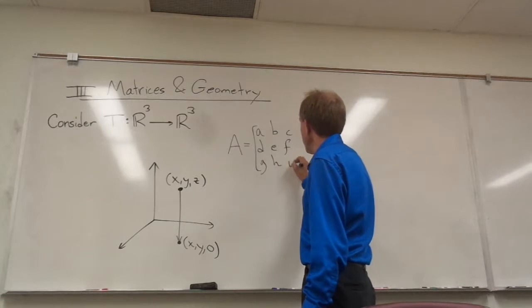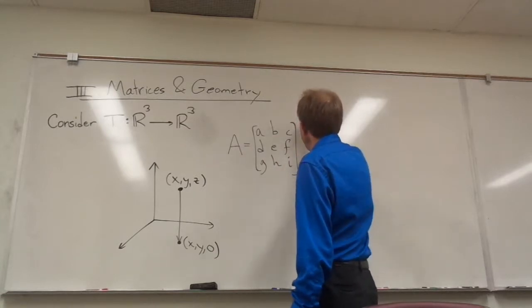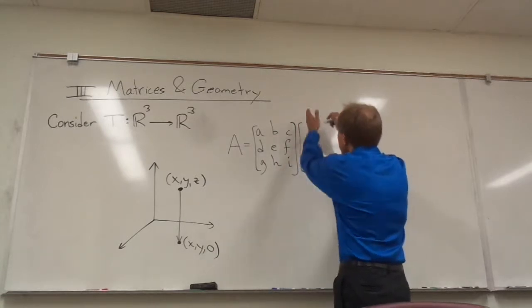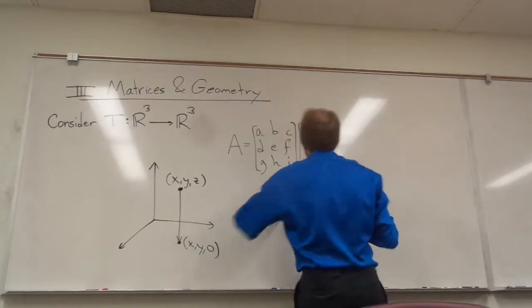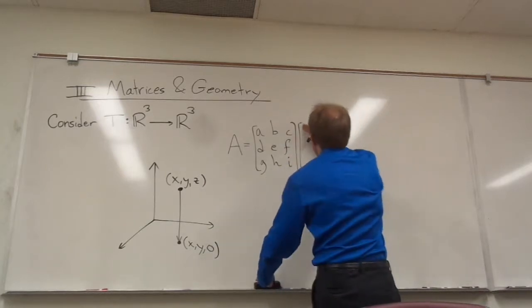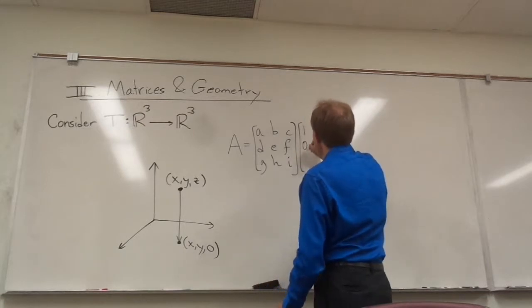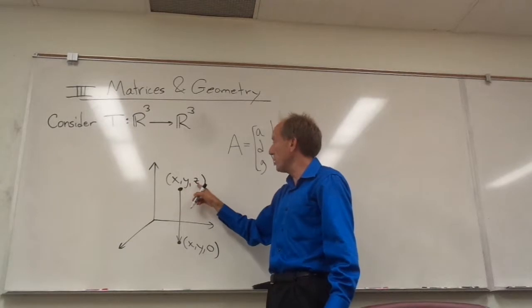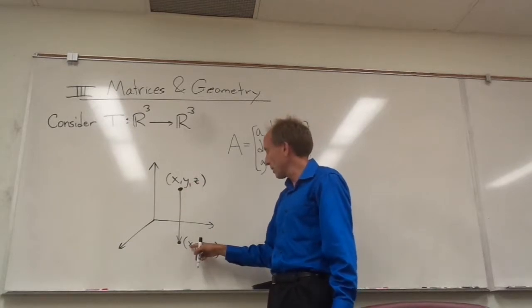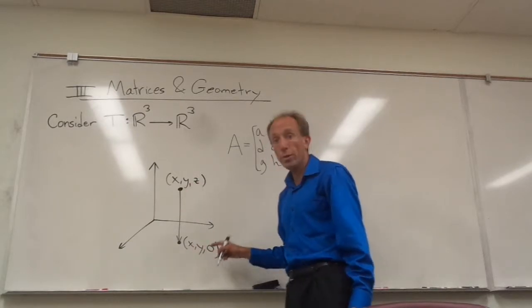This is just one way to think about it. If we put any vector here, let's take a specific one. Let's try 1, 0, 0. If we have 1, 0, 0 and we project it, we're going to get 1, 0, 0 again.